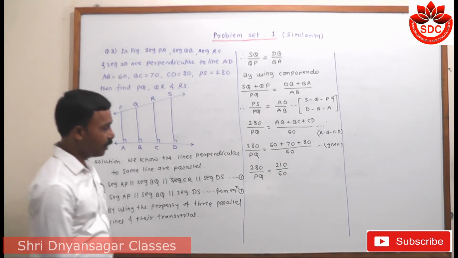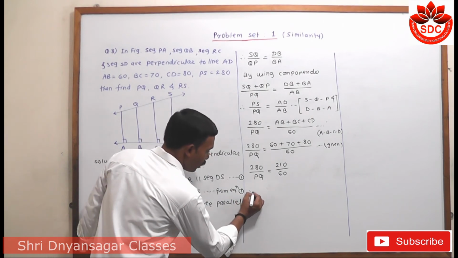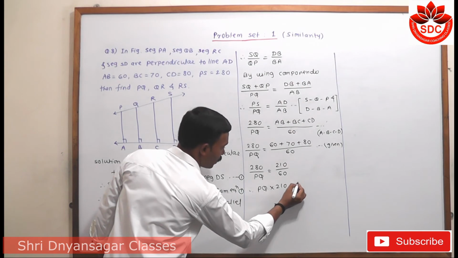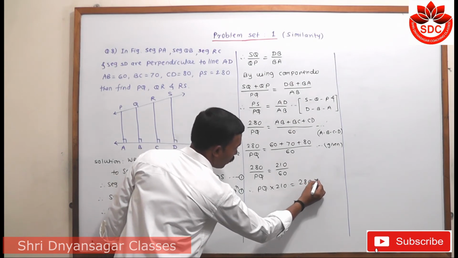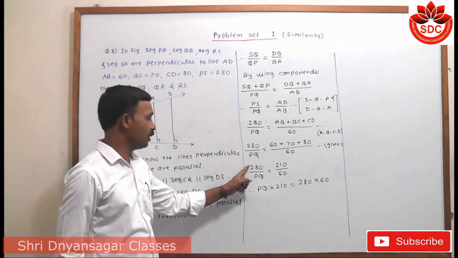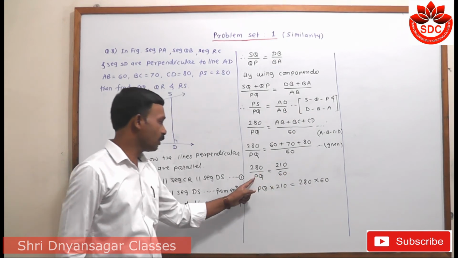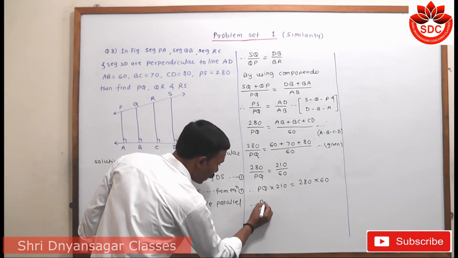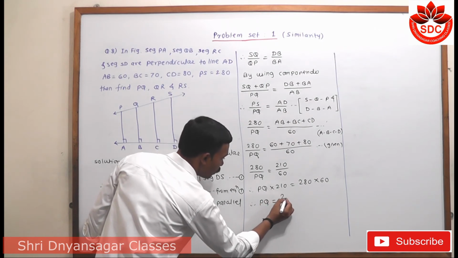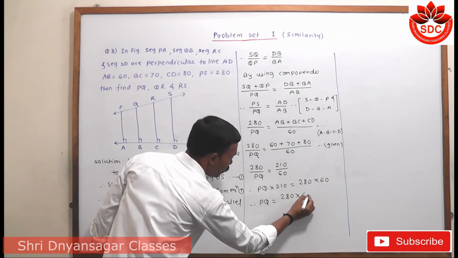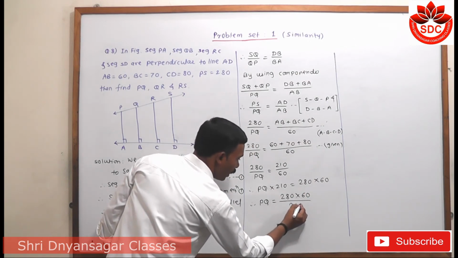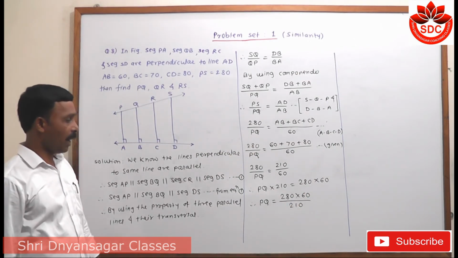Then by cross multiplication we get PQ into 210 is equal to 280 into 60. Then transpose this 210 to the other side: PQ is equal to 280 into 60 upon 210. We can simplify it.